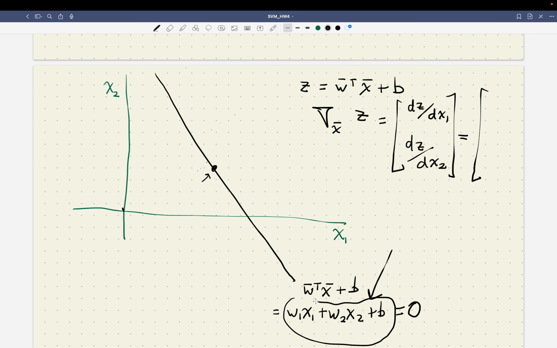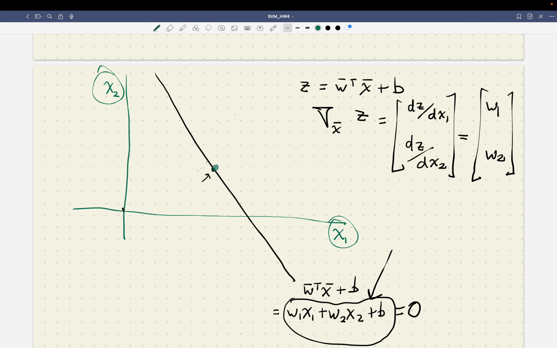If you take the derivative with x1 being the variable, then you get w1. And if you take the derivative with x2 being the variable, then you get w2. Note, first of all, that it's constant. It's completely independent of x1 and x2. Like we said before, it doesn't matter where you sample that.